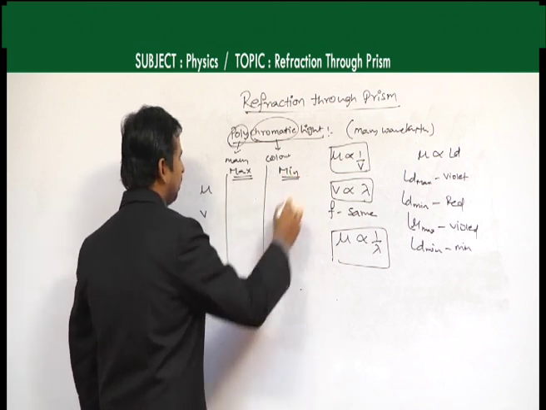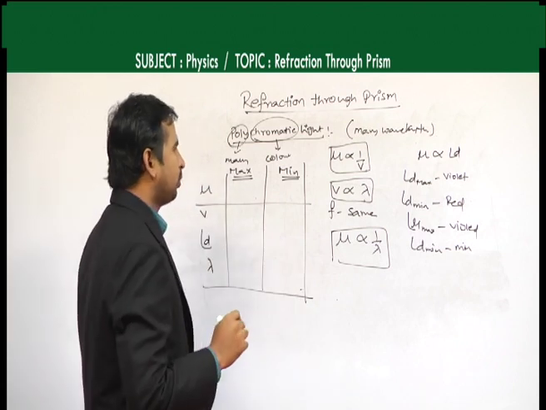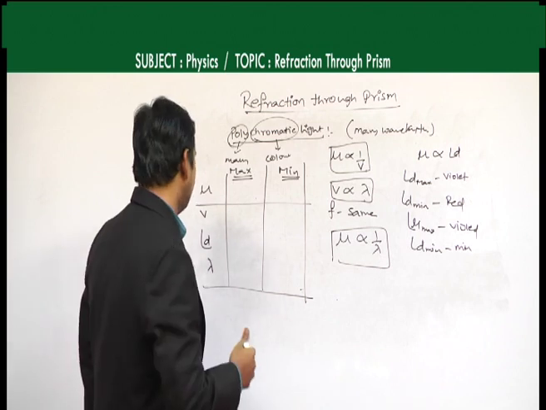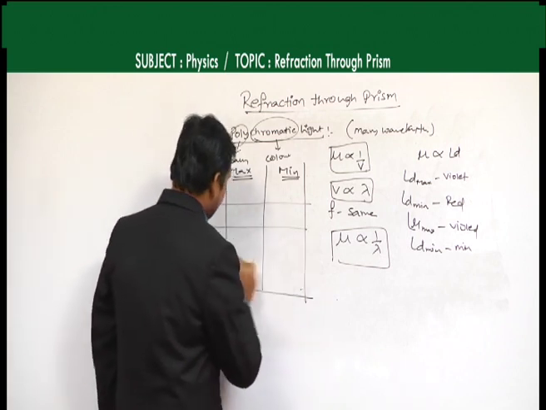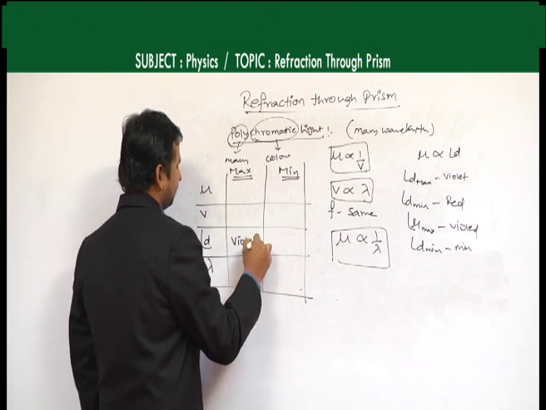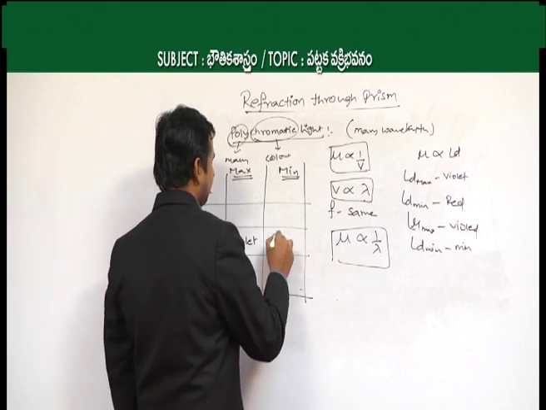Mu is directly proportional to the deviation, and the deviation is maximum for violet. So first, the deviation is maximum for violet, and minimum deviation is for red color.